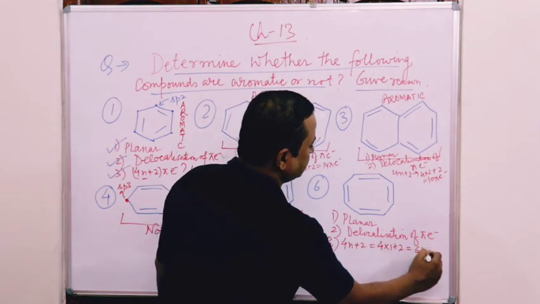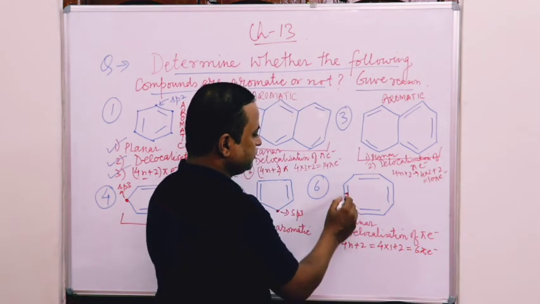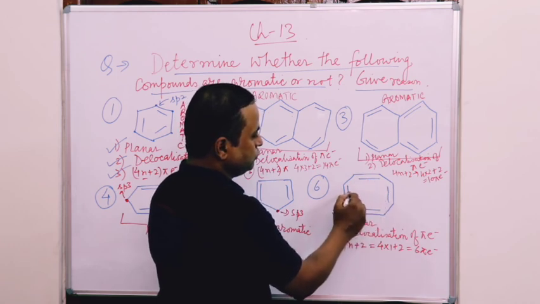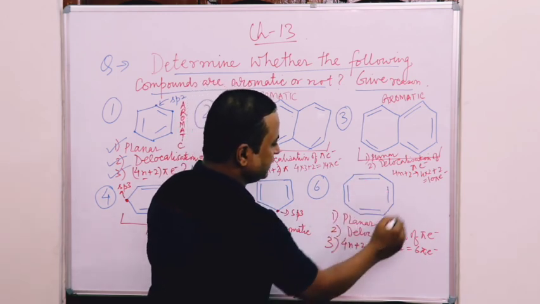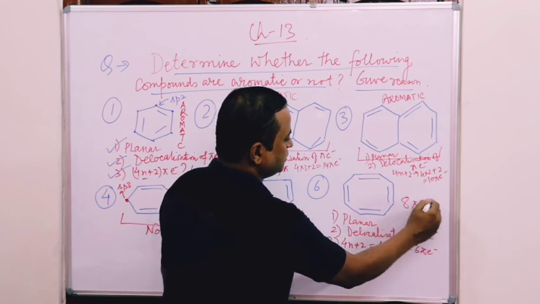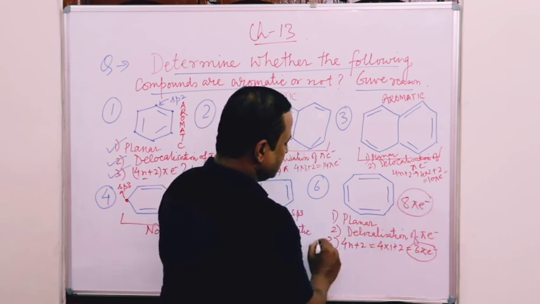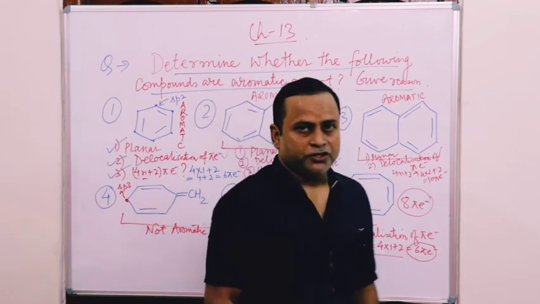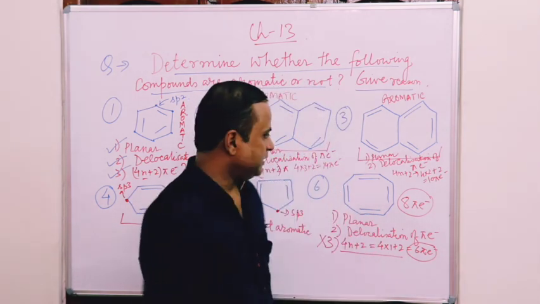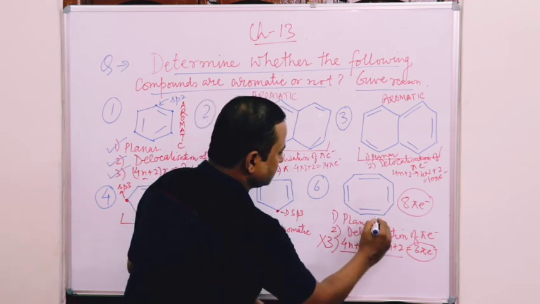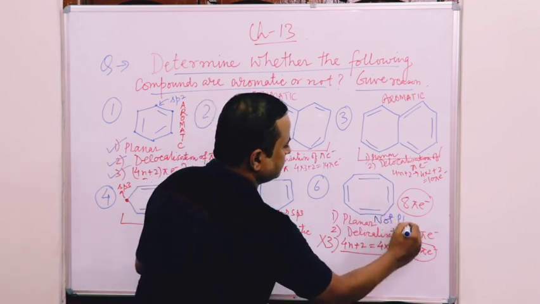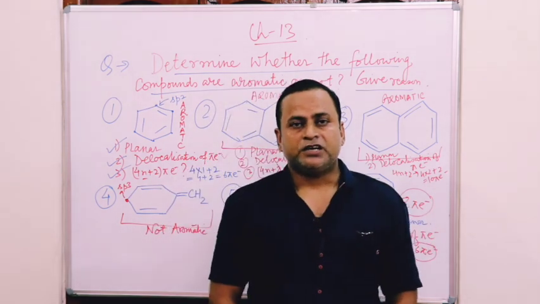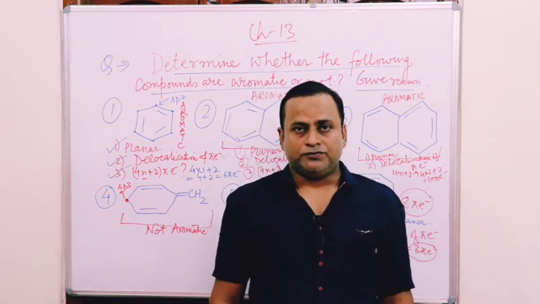There should be 6 pi electrons, but counting 2, 4, 6, 8, there are 8 pi electrons, which is not in accordance with Huckel's rule. So this rule is not satisfied. Out of the 3, 1 is not satisfied, hence this is not aromatic. In this way we determine the aromaticity of a compound.